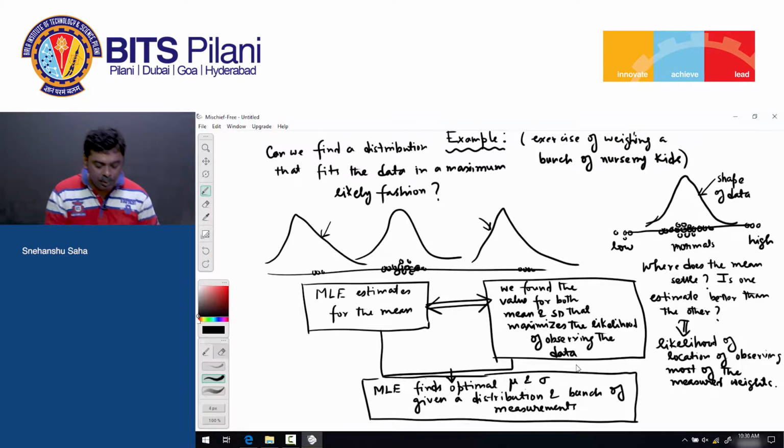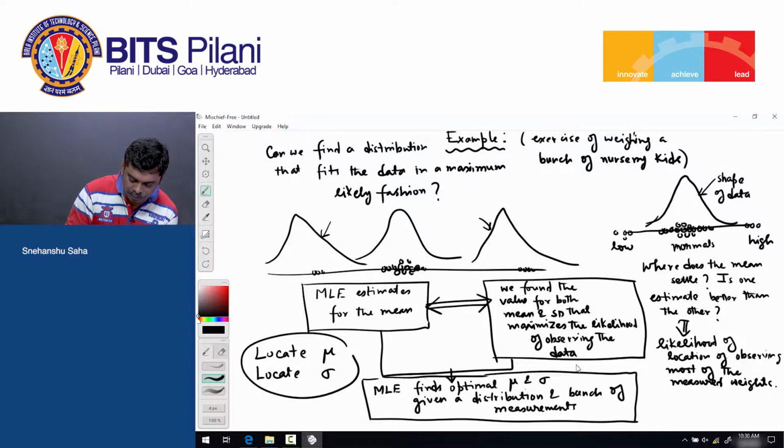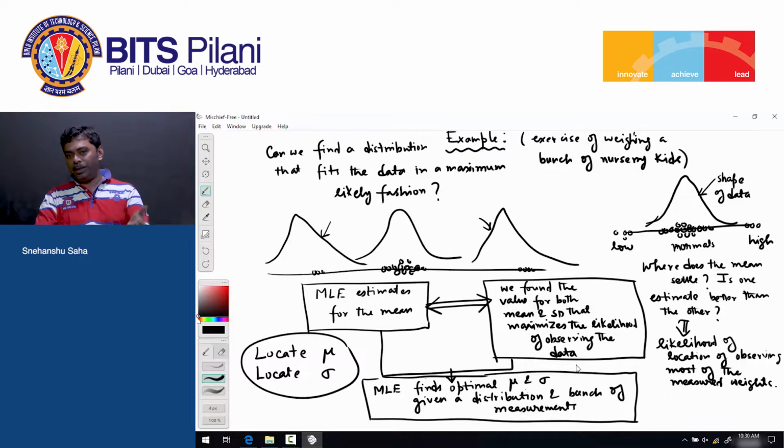So what we are trying to do, let's write it in, we locate mu, and we also try to locate sigma. Now what we know about the location of mu: if you have a smaller mean value, it will move the distribution to the left. If you have a larger mean value, it will move the distribution to the right, okay.